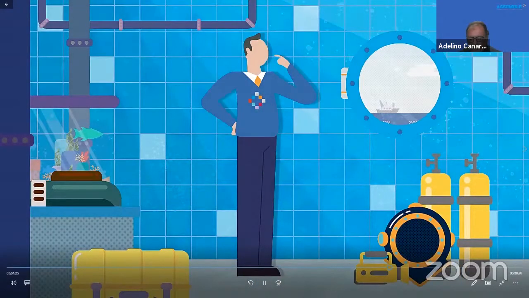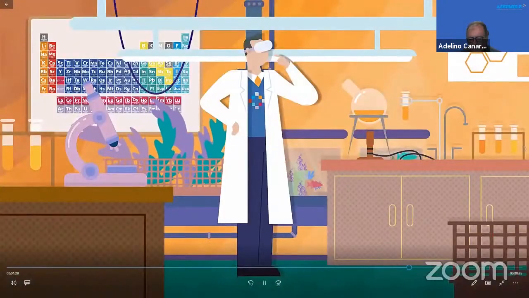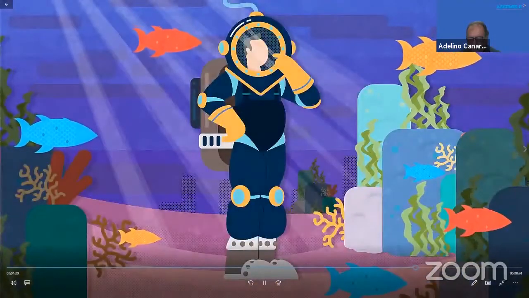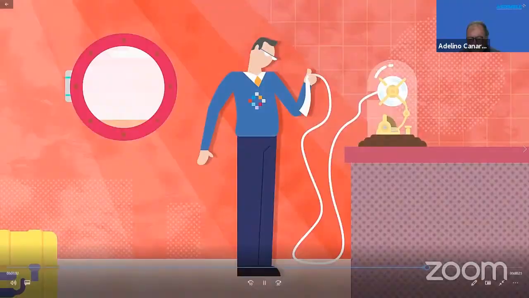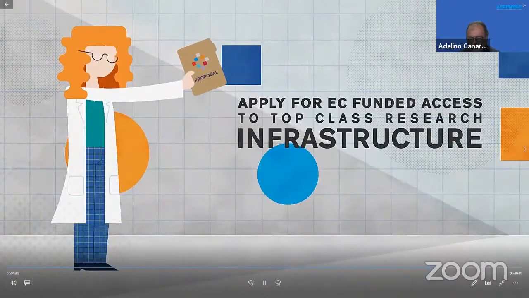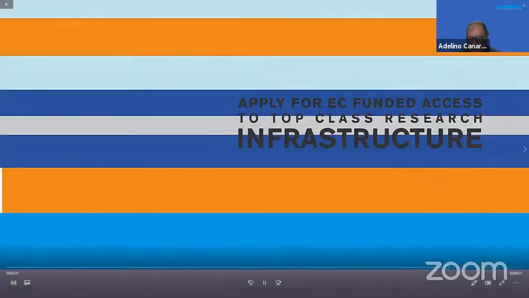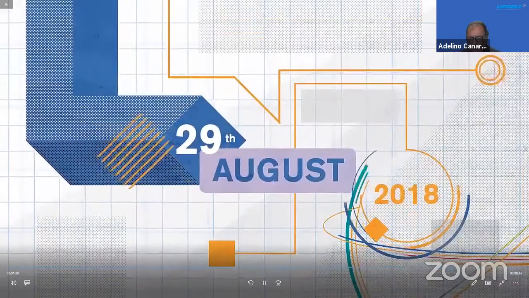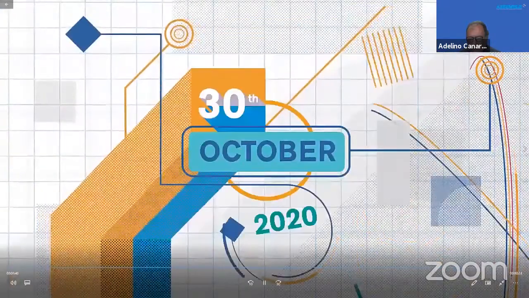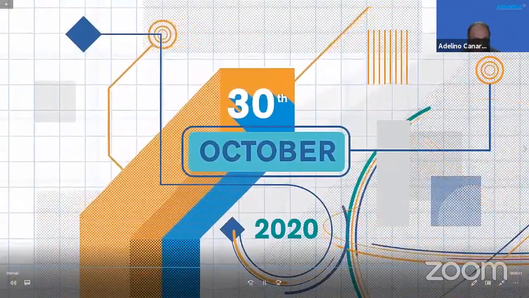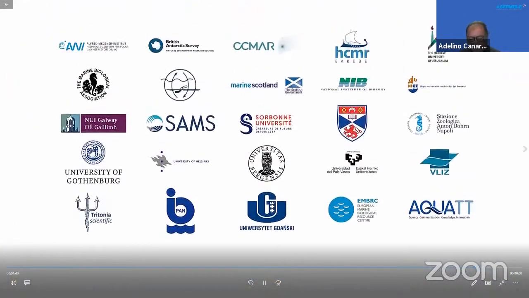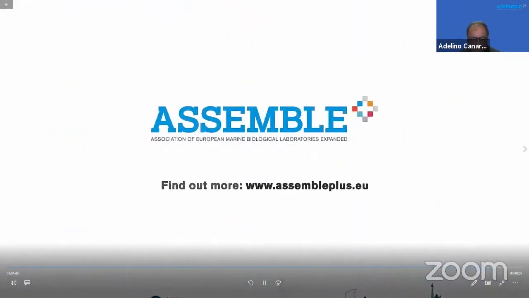So, if you're a researcher in need of access to marine infrastructure, such as laboratories, equipment, or any other provision, Assemble Plus welcomes proposals for access on a rolling basis from the 29th of August 2018 to the 30th of October 2020. For more information about the project and call for access, please visit www.assembleplus.eu.